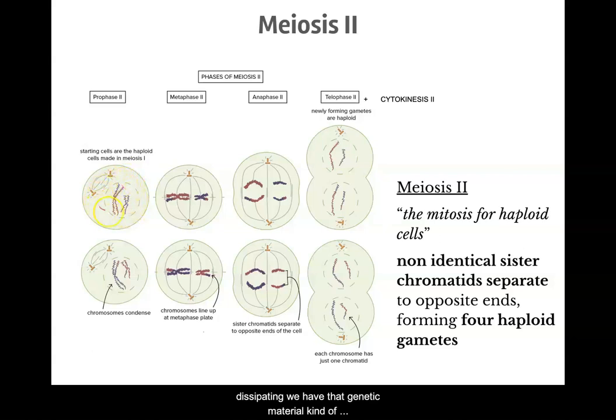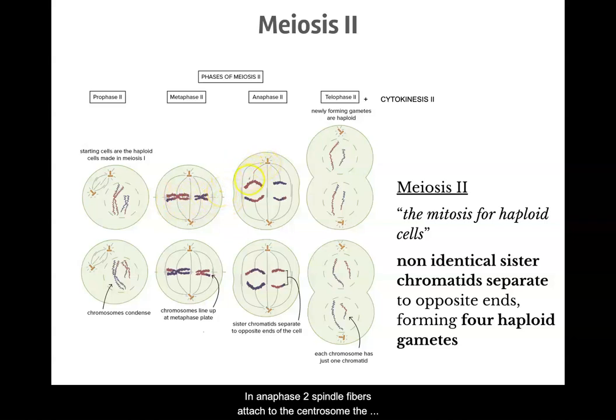We have that genetic material getting itself ready for this process. Metaphase 2 now. The metaphase plate is aligning, chromosomes lining up. I can see that there's no longer a partner lining up with each chromosome. It's just chromosomes lining up individually along that plate.